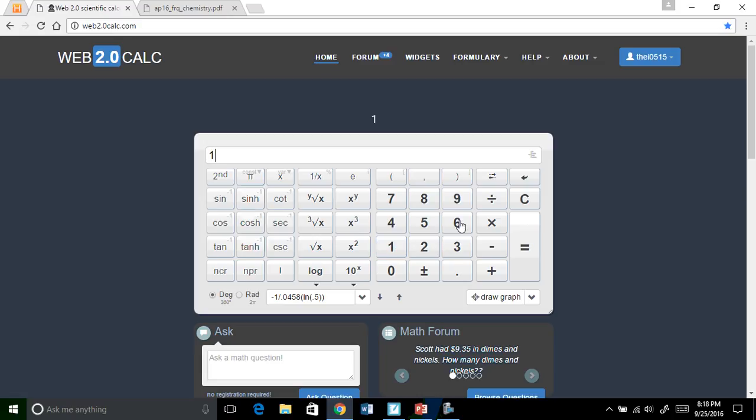So I got 1 divided by 120 times 1 divided by 0.250 minus 1 divided by 1.00, and I close that, and I get that K is equal to 0.025.